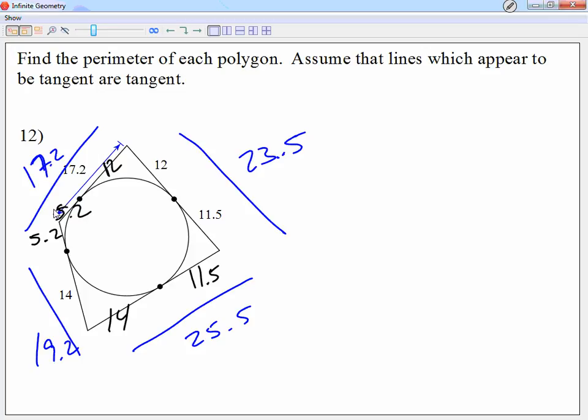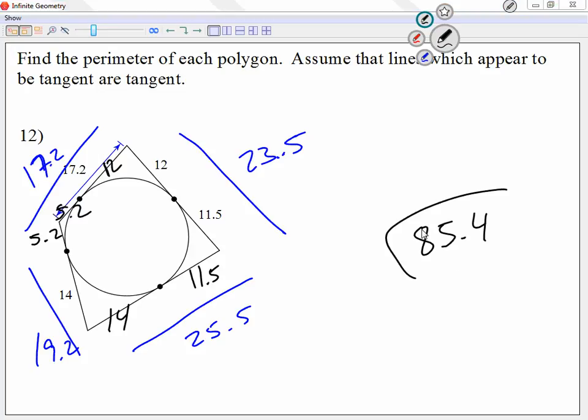I know the whole side is 17.2. So subtract them. 17.2 minus 12, and that's how I got the 5.2. Now when you add everything, you should get 85.4. Yeah, we're good. Any questions up until 12?